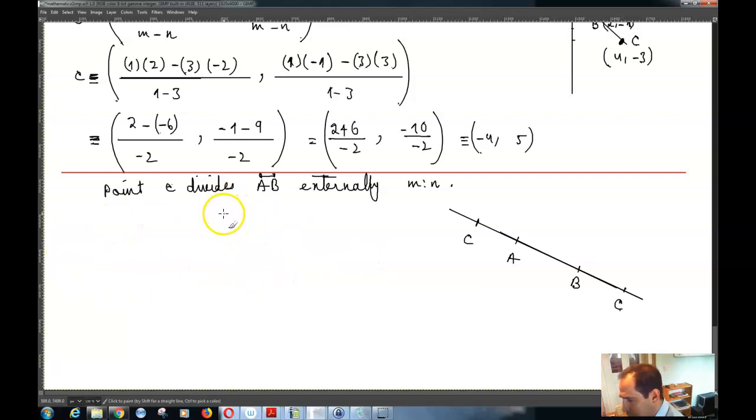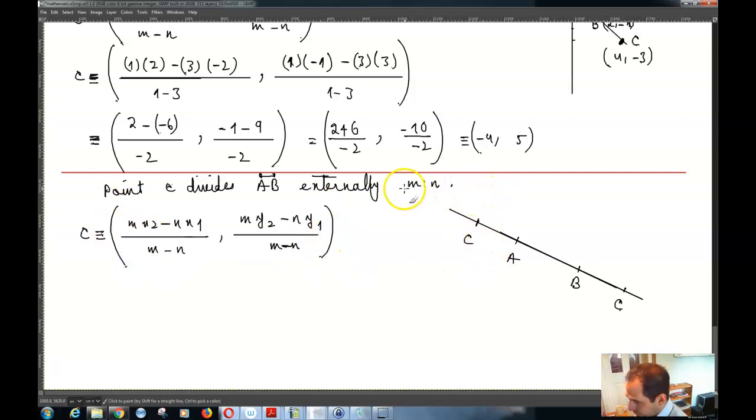There is no other difference, meaning that the coordinates of the point C you can write as mx2 minus nx1 over m minus n, and over here you have my2 minus ny1 over m minus n.